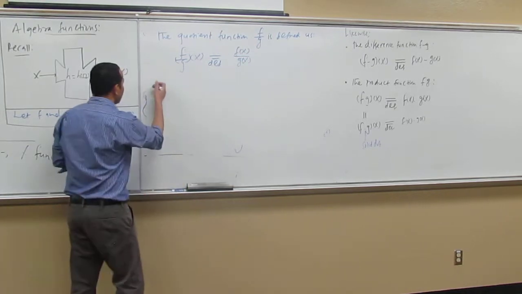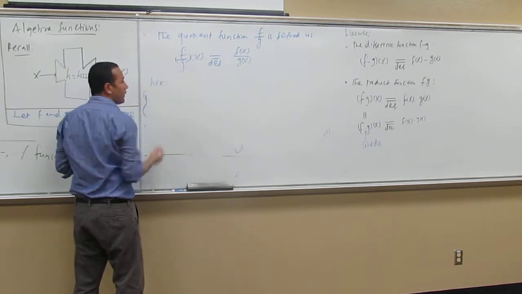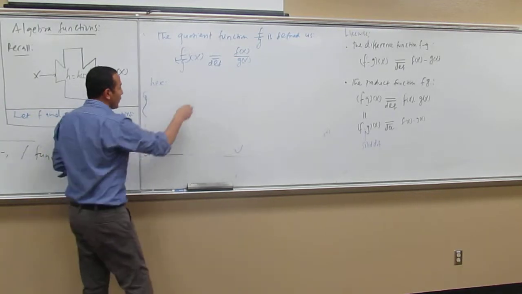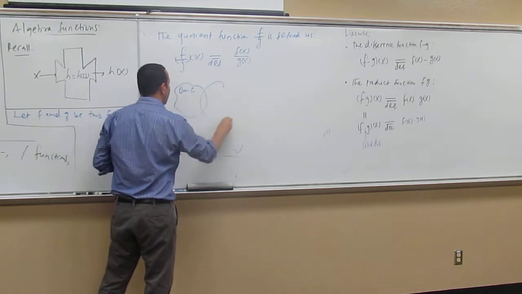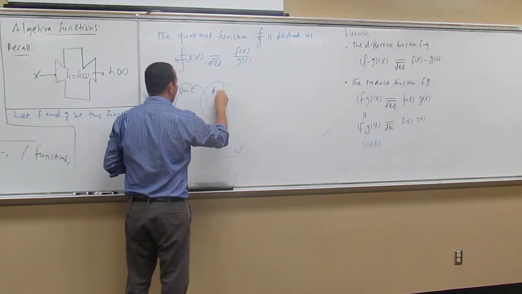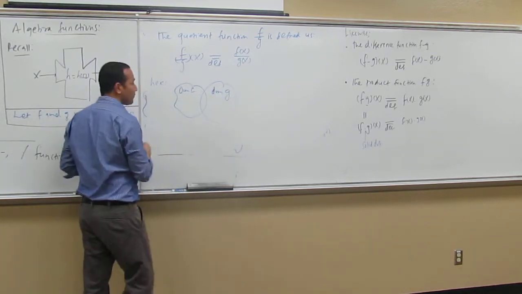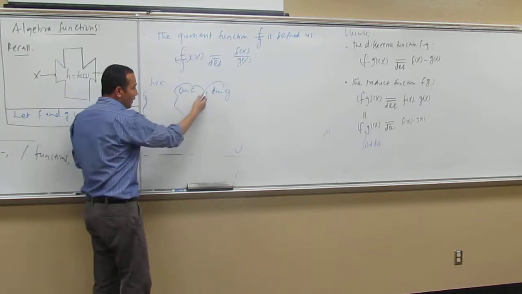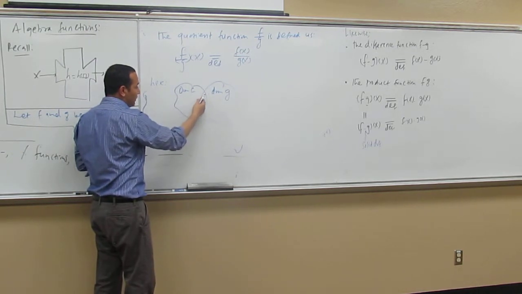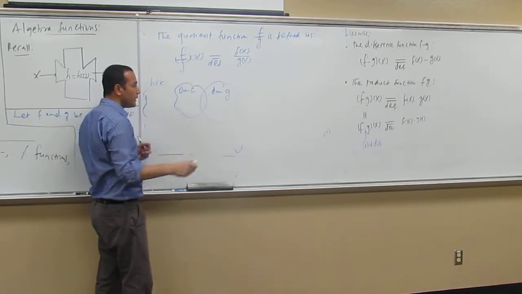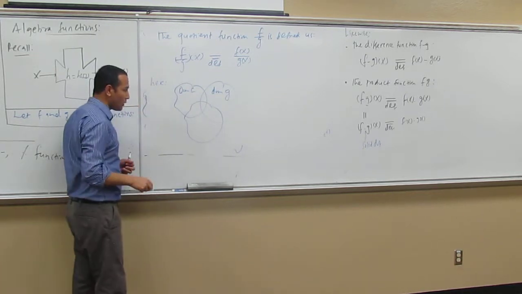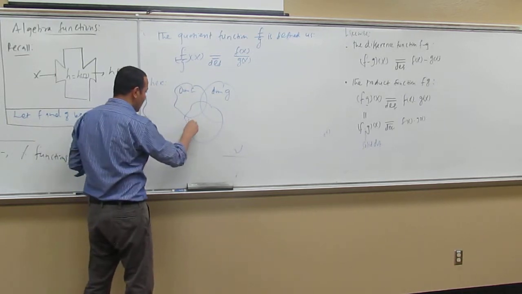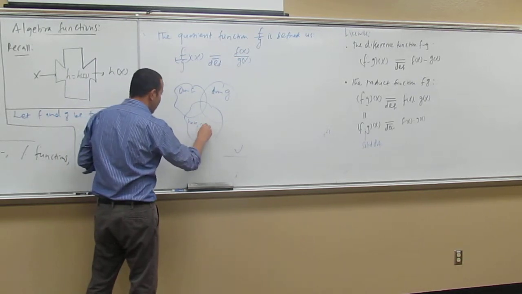Here, usually I have the domain of f and here is the domain of g. Usually the x must be from the intersection, but this time I need one more condition: g of x is not equal to 0.